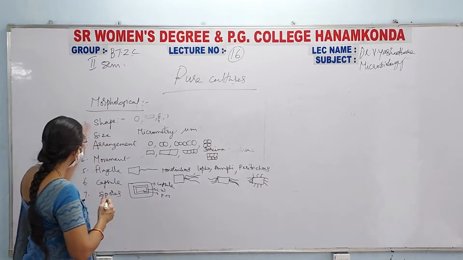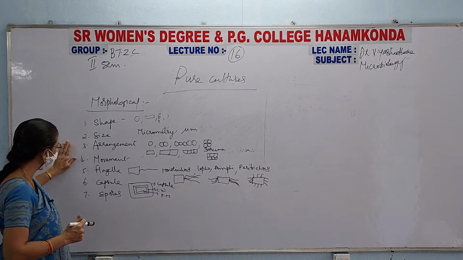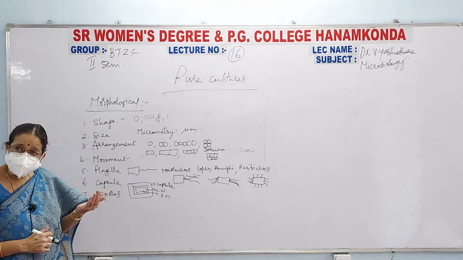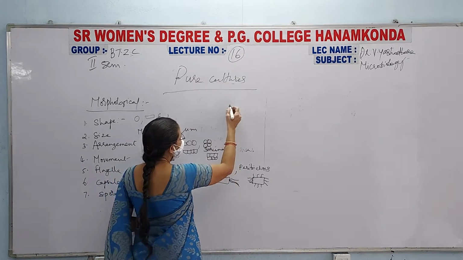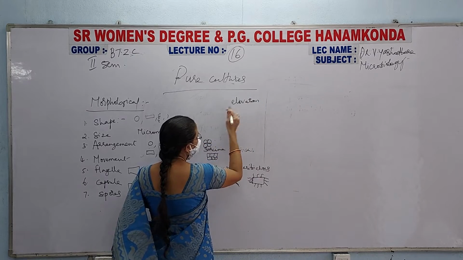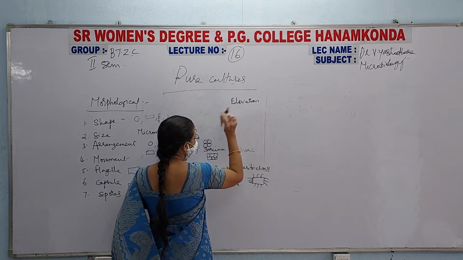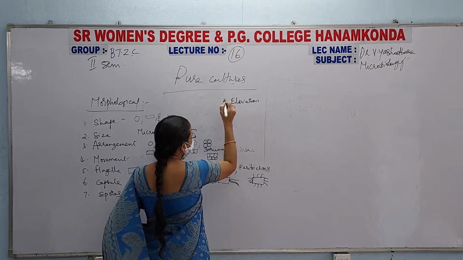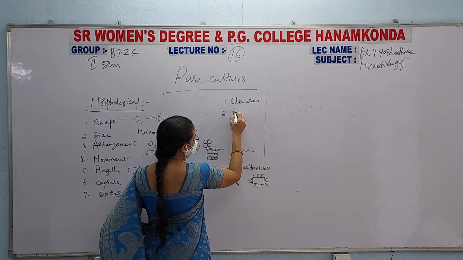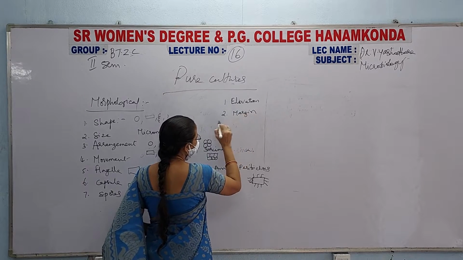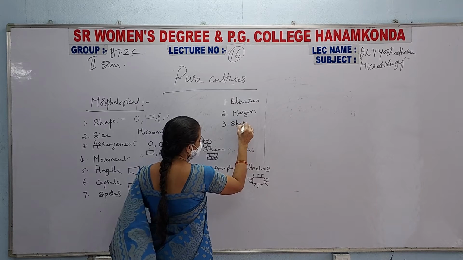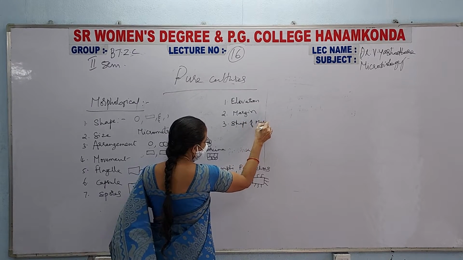Okay, this is about the morphological characters: shape, size, arrangement, movement, flagella, capsule and spores. Next, coming to the next one, elevation. See here, next one is elevation, second one is margin, third one is shape of margin.